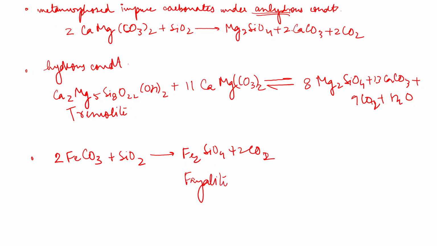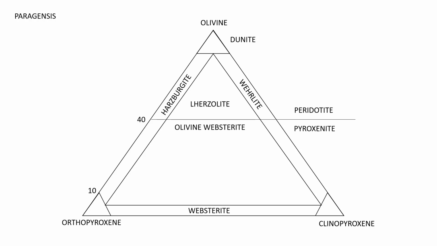Okay, so now let us look at the diagram of the paragenesis. If you look at the paragenesis here, we have the olivine, orthopyroxenes and clinopyroxenes, and there is a very fine distinction between peridotite and pyroxenite.